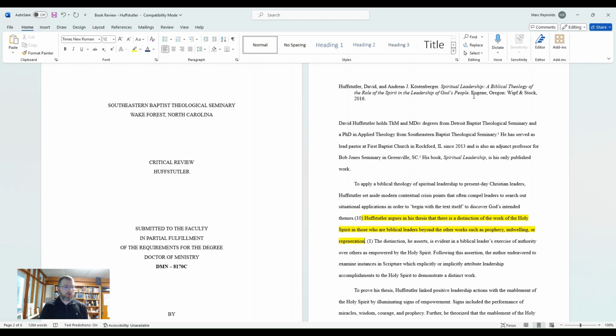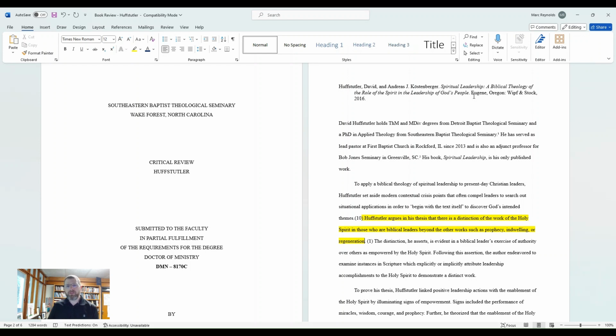Then from there, you go into the paper, and the paper is intended to answer a number of questions. First off, who is writing? You can see there that I gave a little bit of background on who David Huffstutler is. Why in the world should we listen to this guy? That's the question you're answering. Why does this person deserve to be heard on the topic they have written on?